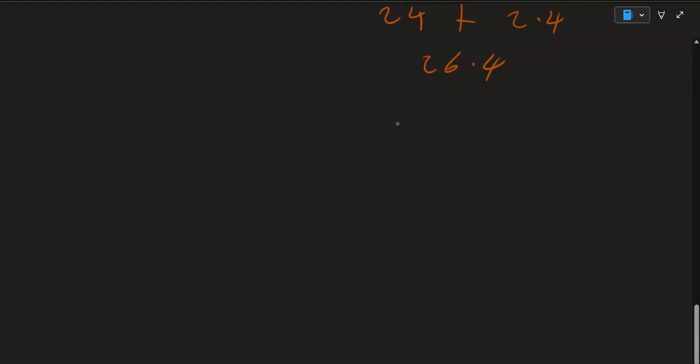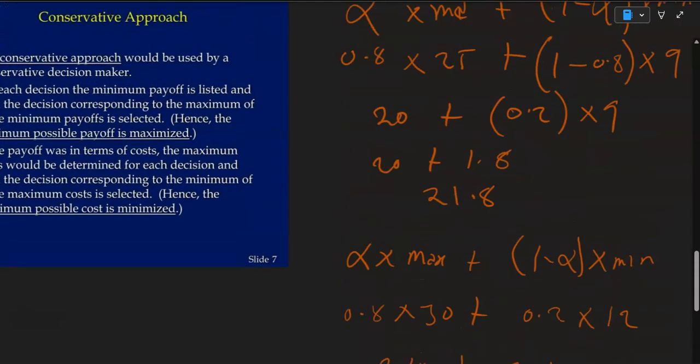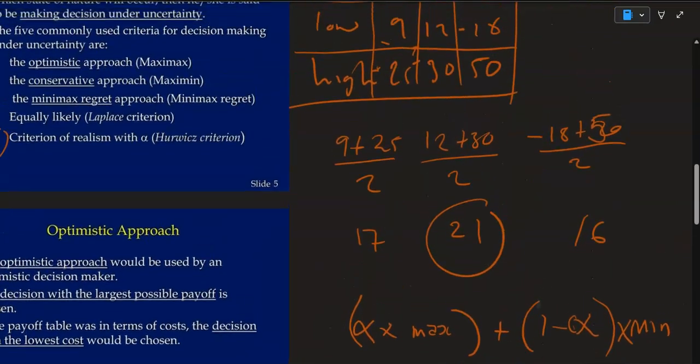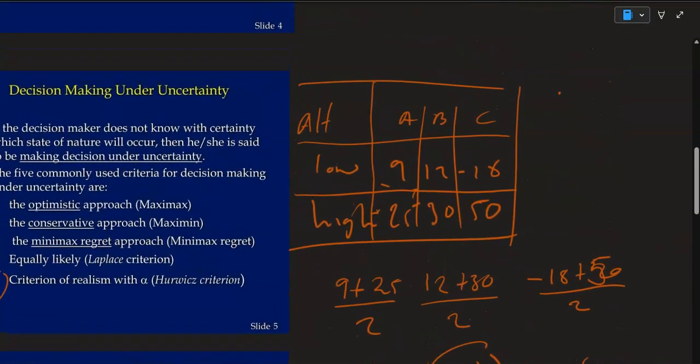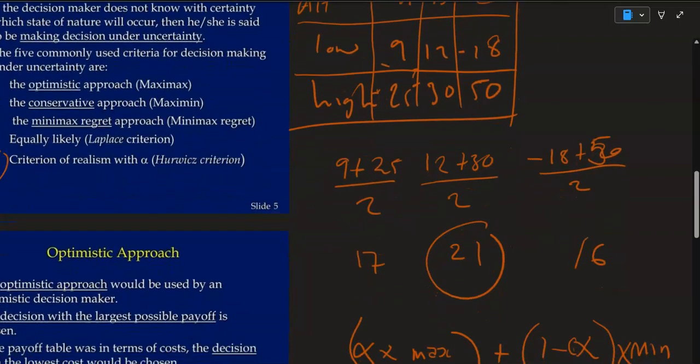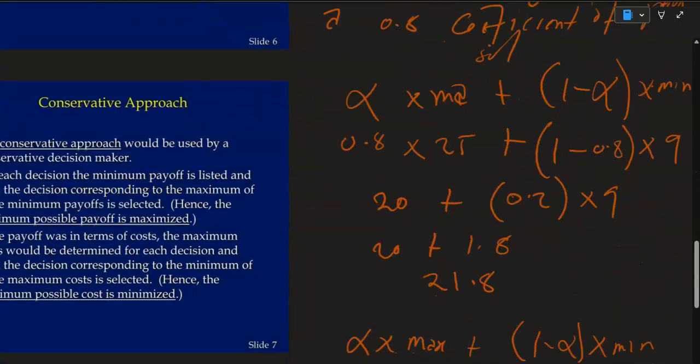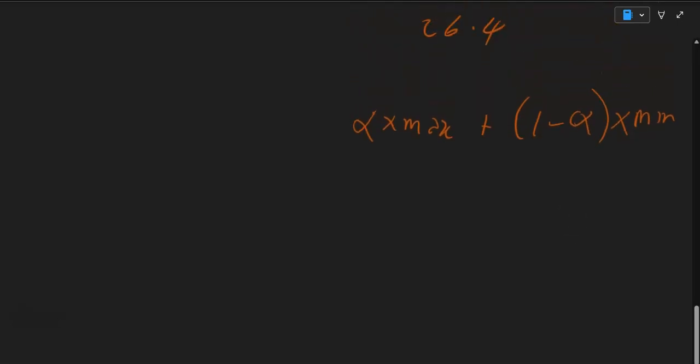Okay, let us consider the last one. Let's bring down the formula as always: alpha multiplied by max plus 1 minus alpha multiplied by minimum value. For the third investment, we have negative 18 and 50.